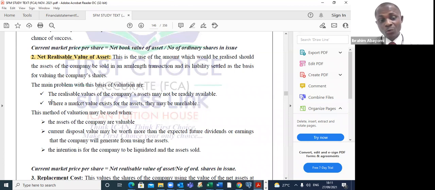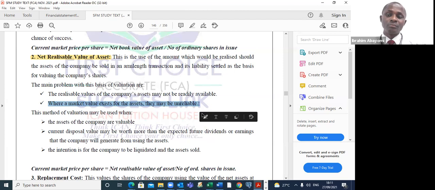Even sometimes where you have market value, it may not be reliable. Sometimes market value may not be reliable because you are not selling. You are just getting the market value. If actually you want to sell it, you might not even be able to sell it at that amount.